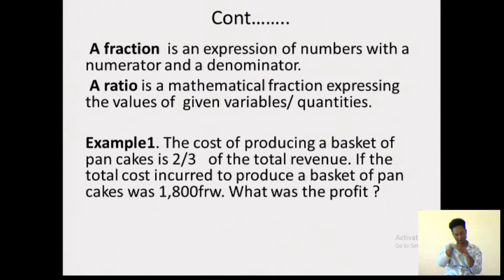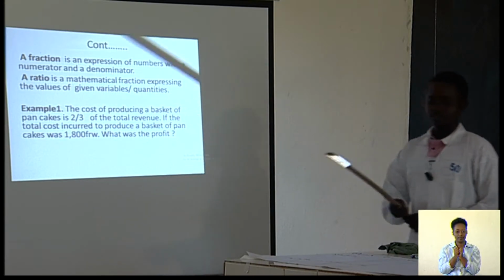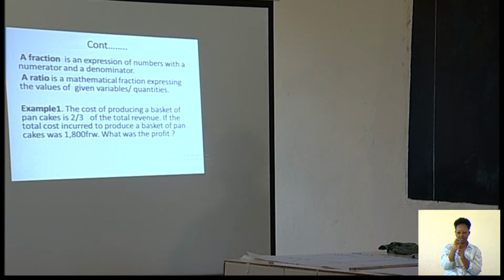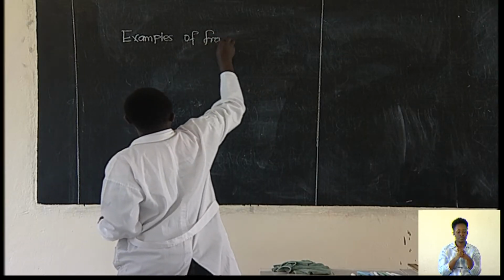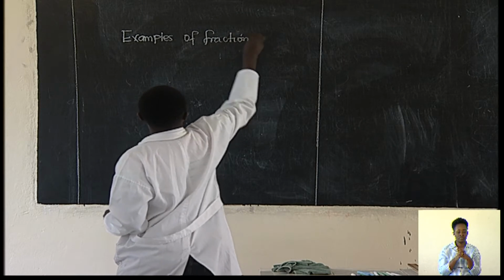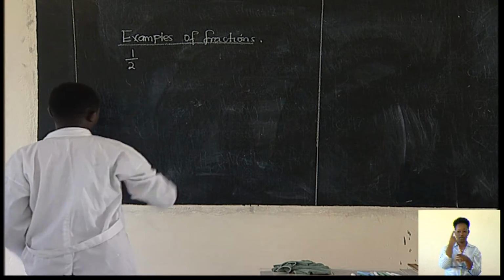So what is a fraction? A fraction is an expression of numbers with a numerator and a denominator. For example, if we have 1 out of 2, this is a fraction.